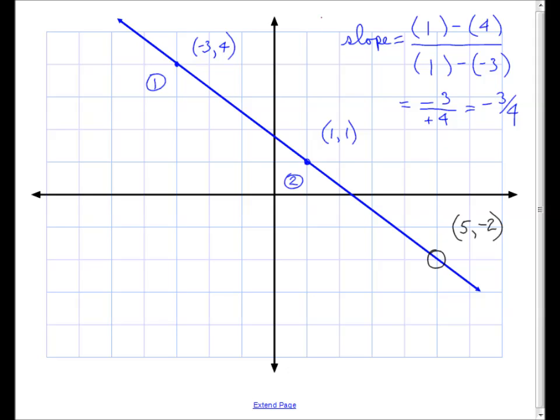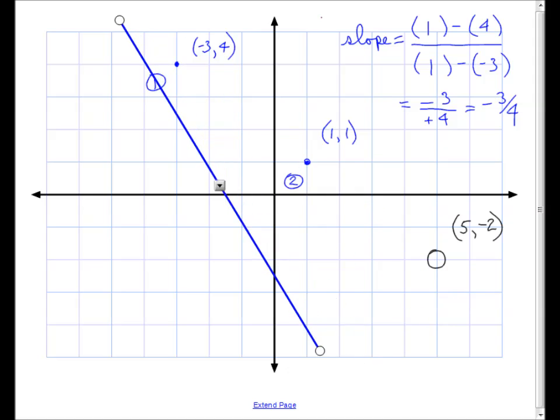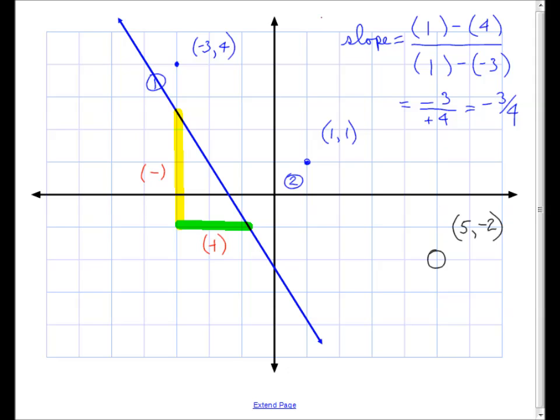And this is going to be true for any line that falls left to right. I can see that my change in y relative to my change in x, in this case, my change in y is a negative value, and my change in x is a positive value: a negative y because I'm going down, a positive x because I'm going to the right.